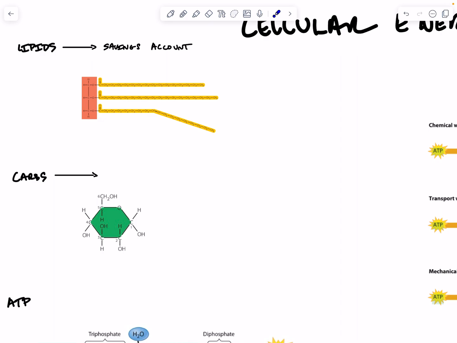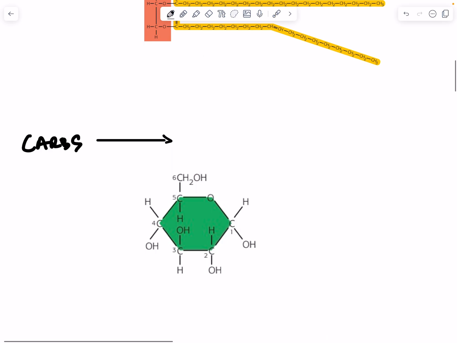So it's a little bit less calorically dense. There are 4 calories per gram of energy in glucose, but it's a little bit easier to convert it to usable cellular energy than it is fat. So say carbs are like our checking account.